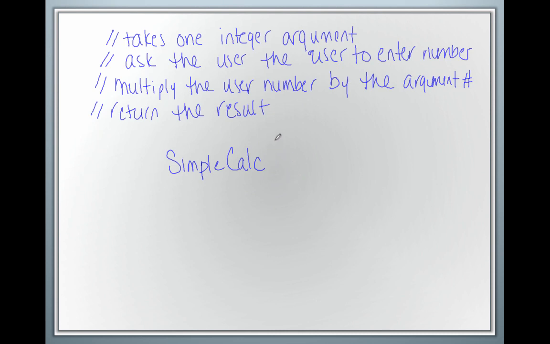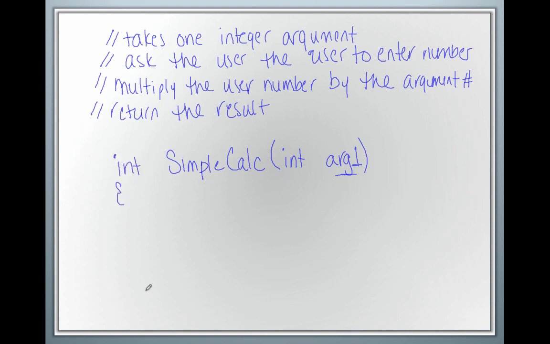So this function is going to take one integer argument, so we'll call that int arg1, and this function is going to ask the user to enter a number, multiply the number that's been entered by the user by the value of arg1, and calculate and return that result. In multiplication, if you multiply an integer by an integer, usually the result would then be an integer.